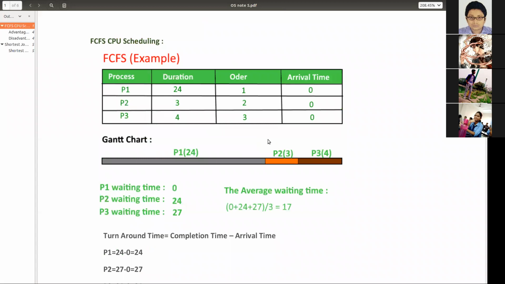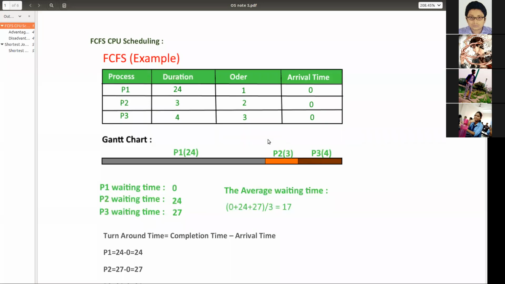So here, as P1 has come first and its duration is 24, this duration is indicating the CPU burst time, or processor time, or service time, whatever you can say. So the CPU burst time for P1 is 24. So P1 will start from 0 and run up to 24 time units.